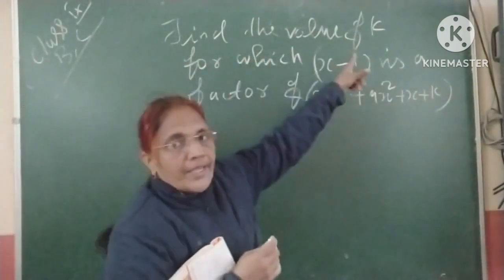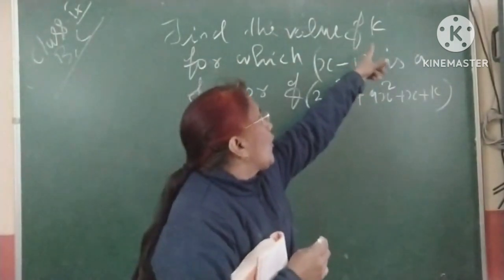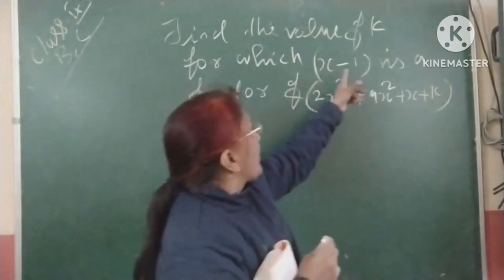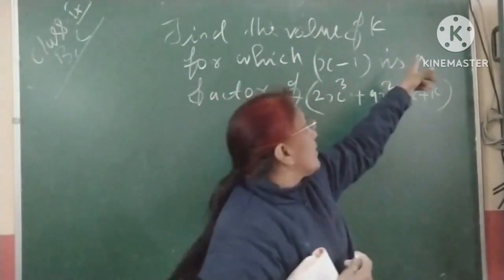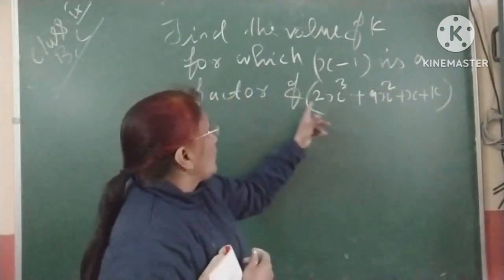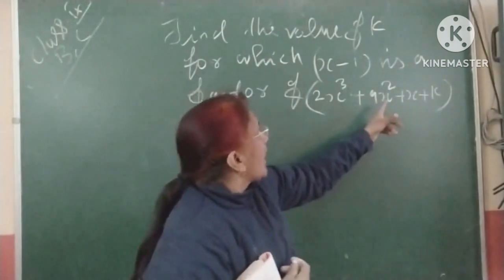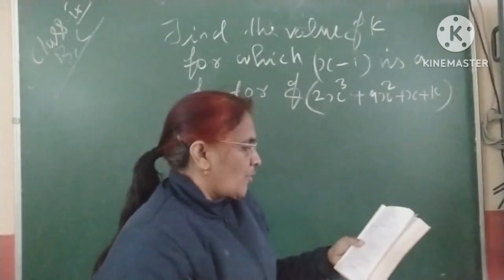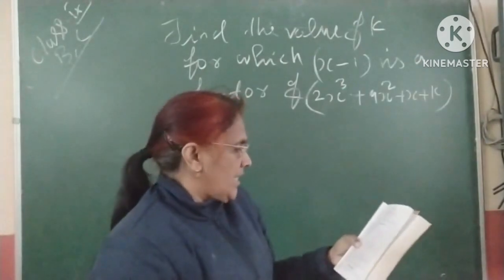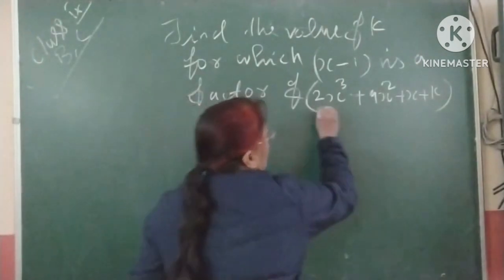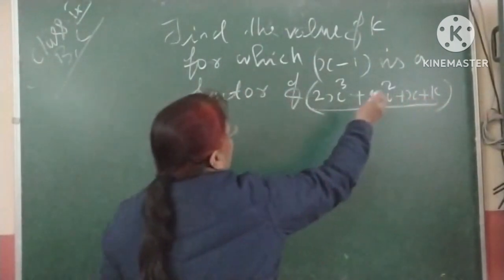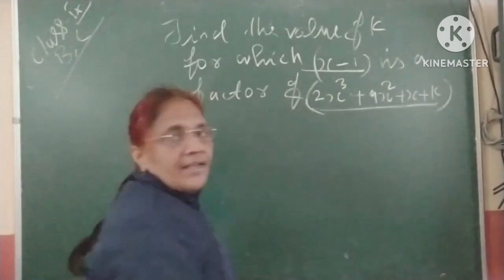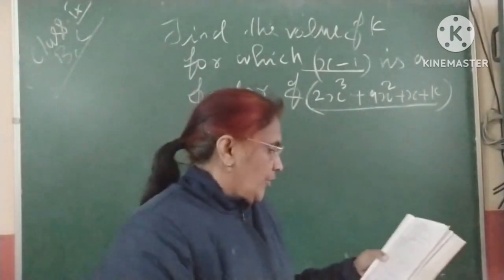Find the value of k. Here f of x equal to this one, and g of x equal to x minus 1. Okay, same like our example we can do.